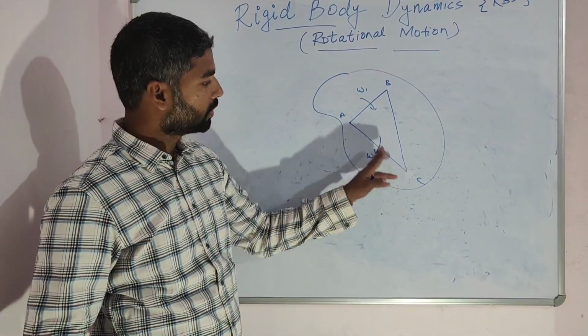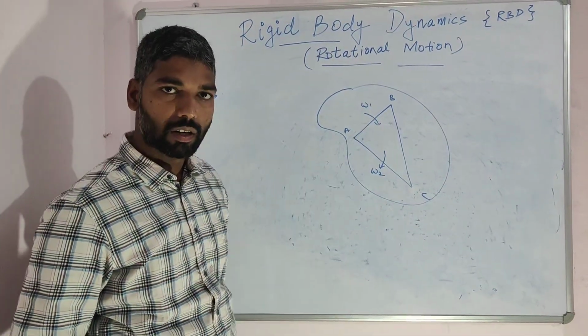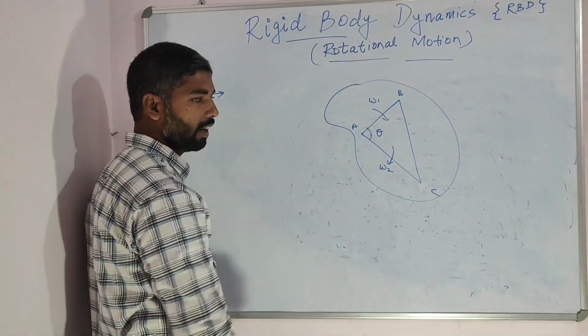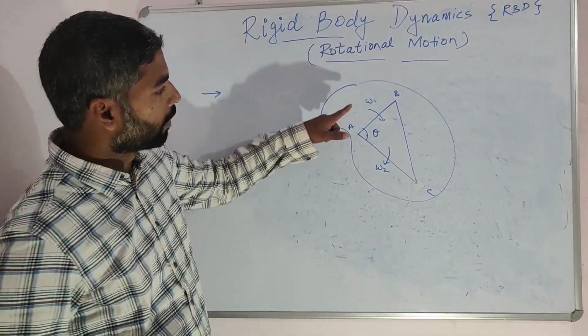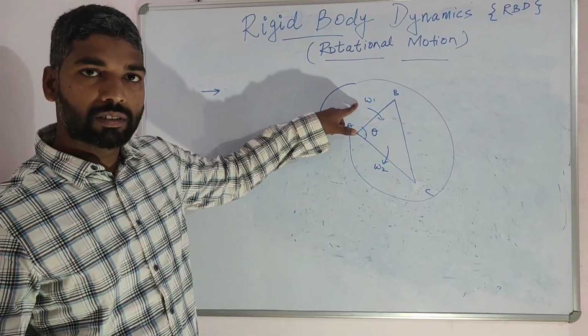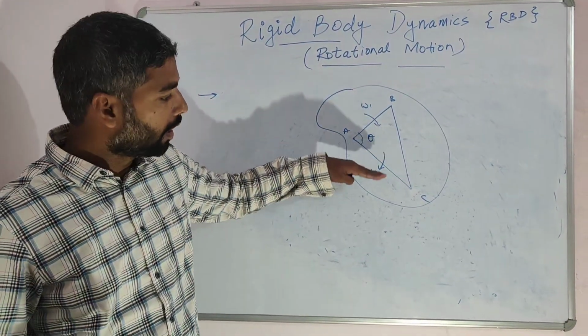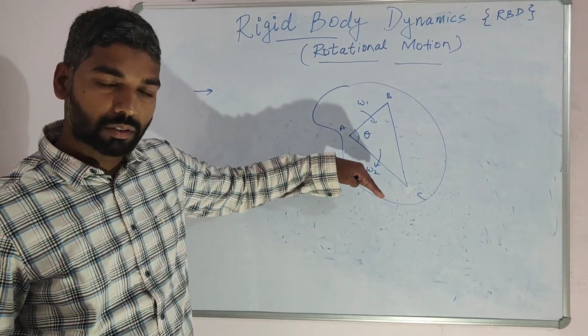Similarly, BC is also fixed, AC is also fixed. So this is a definite triangle. So we can say that this angle is theta, and theta will also be fixed. What is omega 1? Omega 1 is the rate at which theta is decreasing, and omega 2 is the rate at which the angle is increasing.